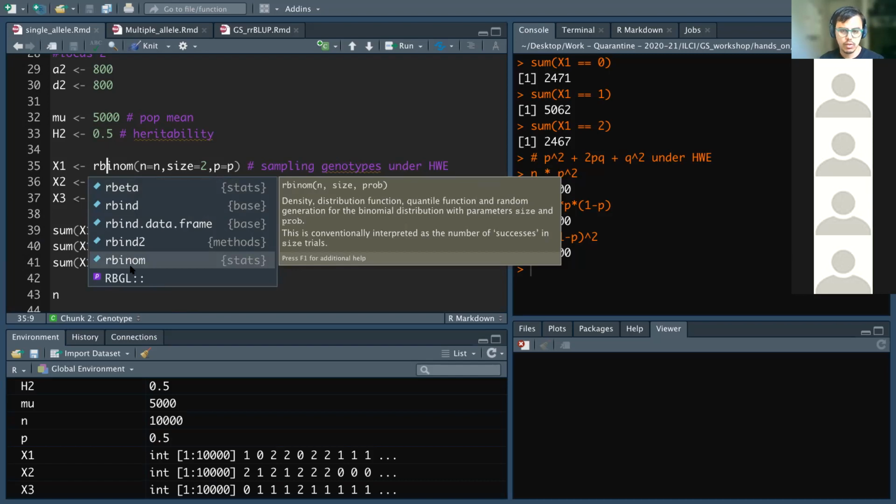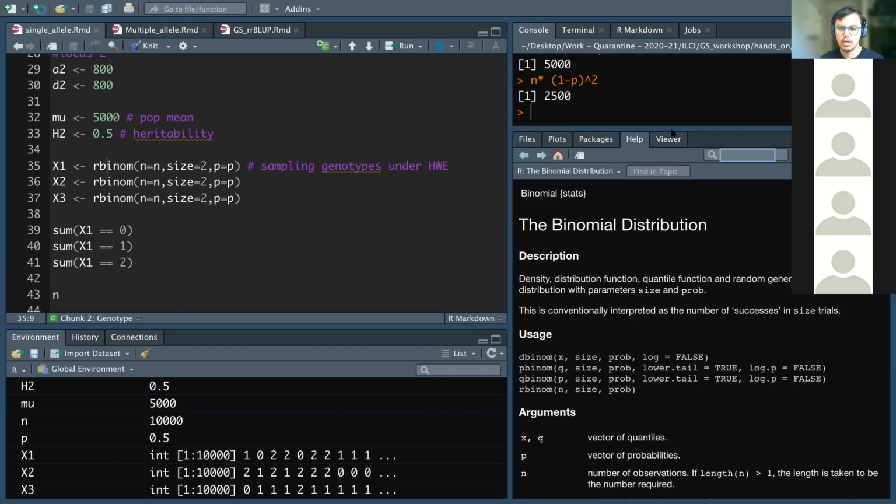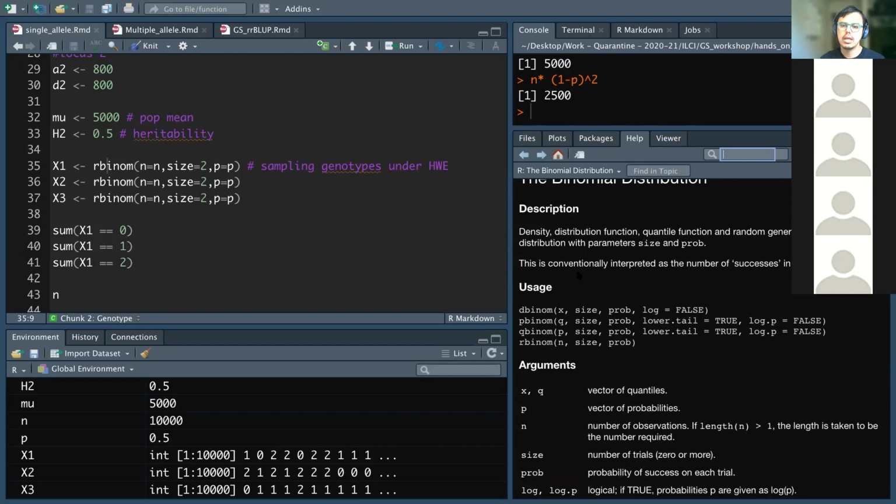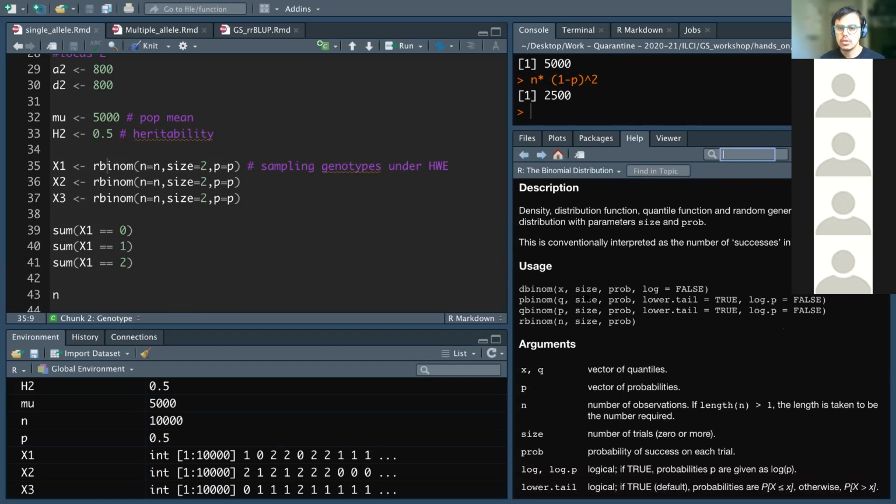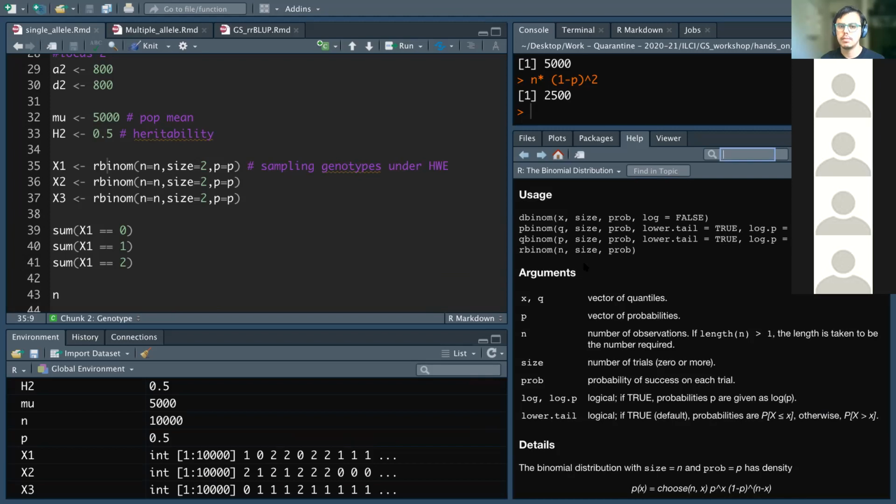It shows what variables you can use in each of the functions. So for example, this is the help for rbinom.